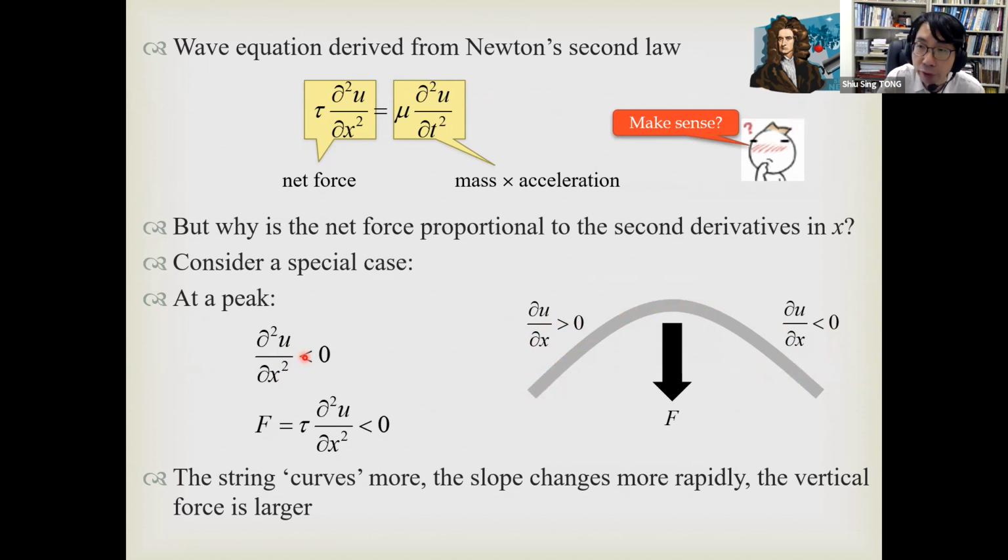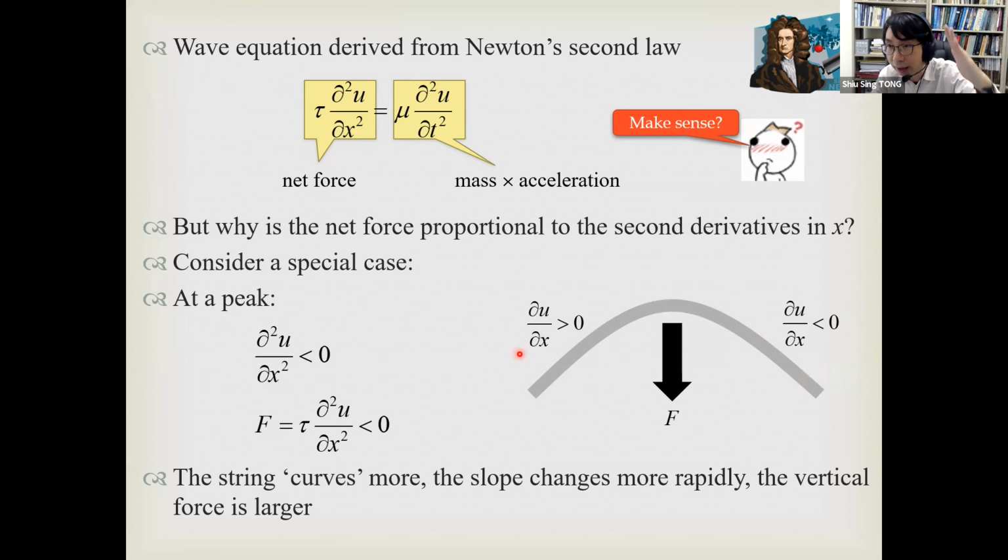In your high school calculus, you learn that if you have a peak, then the second derivative of u at the peak is less than 0. Why? Because du/dx is positive on the left, negative on the right, and 0 on the top. So you can see that from left to right, du/dx is always decreasing.